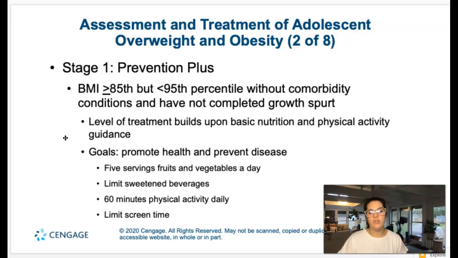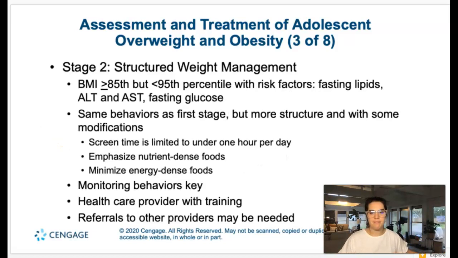So that includes adequate fruits and vegetables, limiting sweetened beverages, getting enough physical activity, so 60 minutes of physical activity daily, and limiting screen time. So all of this is going to help with balancing that energy that's consumed with the energy that is expended. That is going to help with weight management.